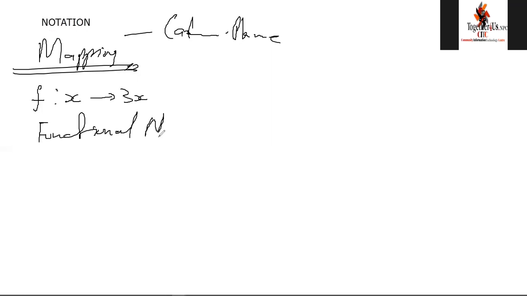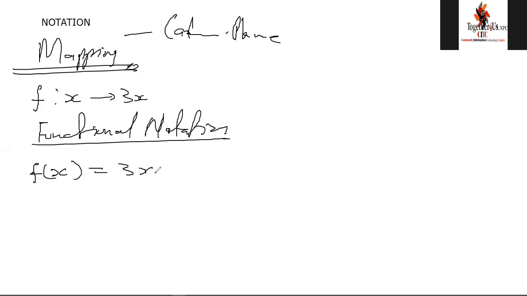In functional notation, I can say this is f of x is equal to 3x. What is nice about this functional notation, unlike having a y, is that it tells us that f really depends on x. For you to get what f is, or the result, you must put in some number for x.